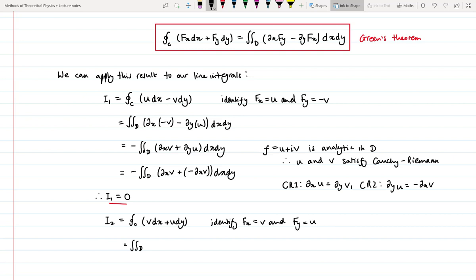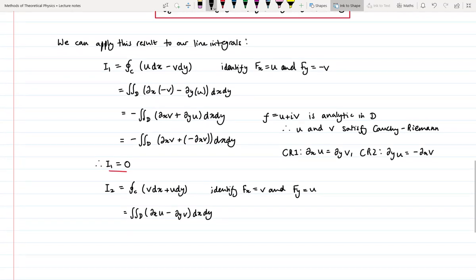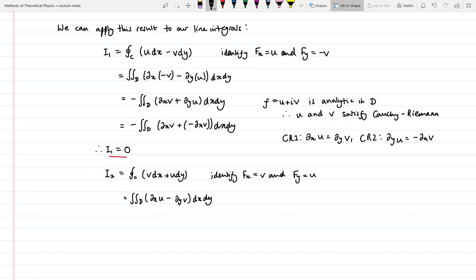This gives us, through Green's theorem, the integral over the region D of this term minus this partial derivative, dx dy. Once again, we can use the Cauchy-Riemann conditions to replace the second term in this integral. And that will give us dxu minus dxu, dx dy. Therefore, this second line integral also vanishes.